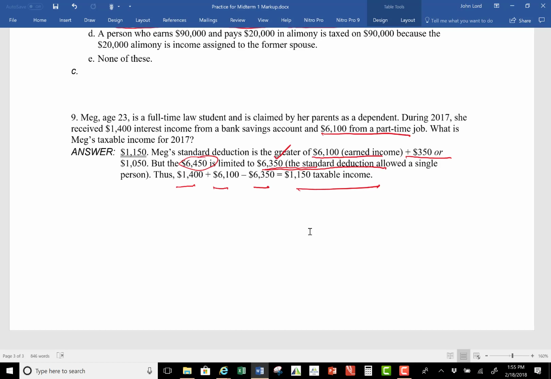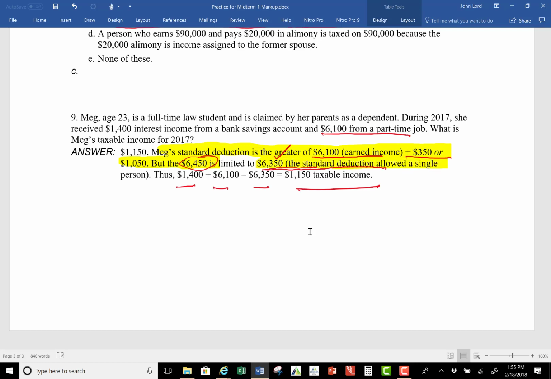So we'd say that her standard deduction is the greater of the 6,100 standard deduction plus 350 of her income, which puts her up to 6,450. Okay, and it is limited to the 6,350, which is the standard deduction.